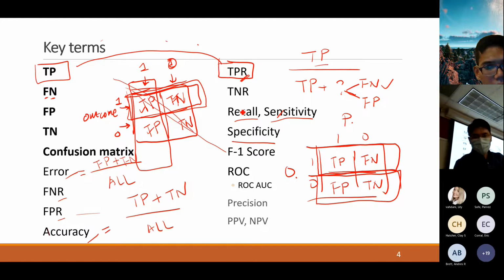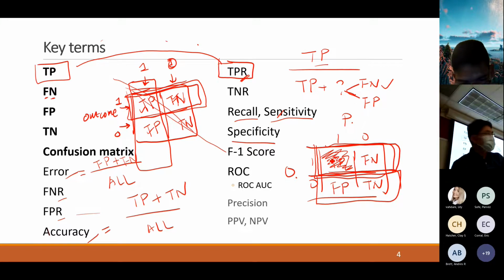So in terms of high recall, what does that mean? It means that in the first row, you have a very high percentage of true positives, right? Of the true positives and false negatives, the majority is true positive. In terms of specificity, in the second row, the majority are true negatives.